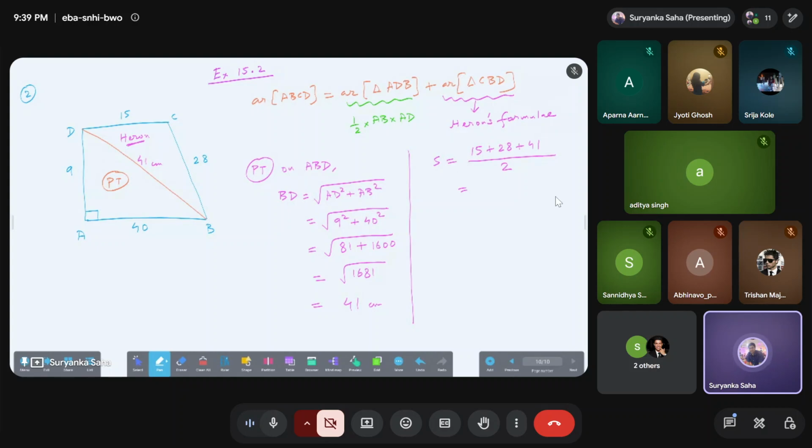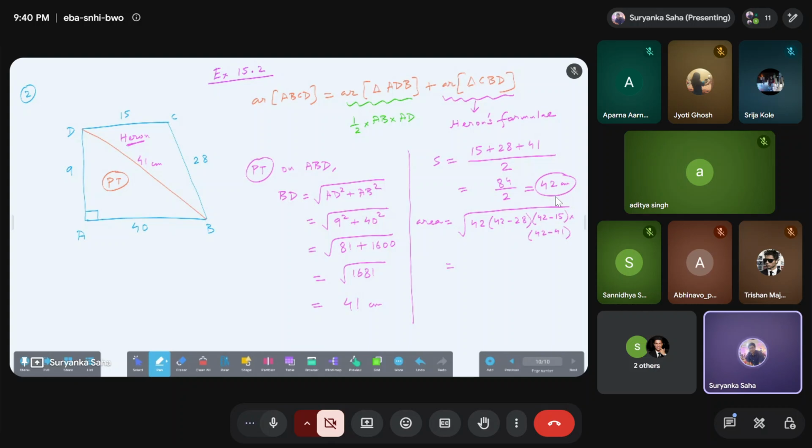It will come out to be 84 by 2, it is 42. Semi perimeter. So area will be how much? Root over 42 into 42 minus 28, 42 minus 15, into 42 minus 41.